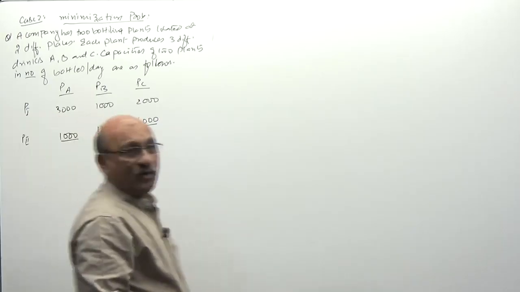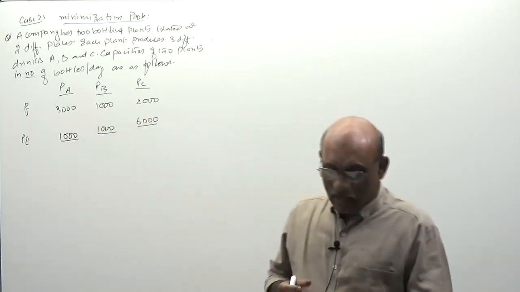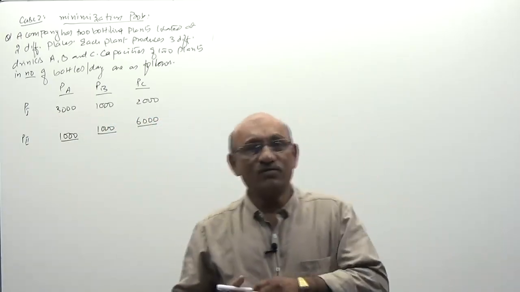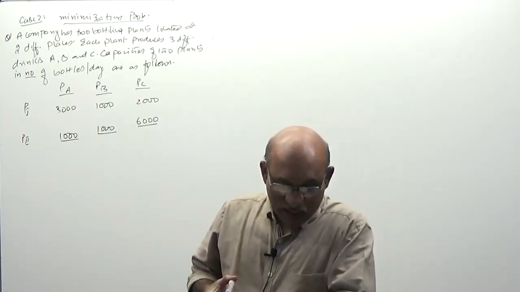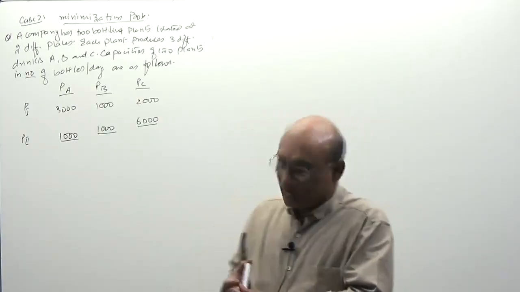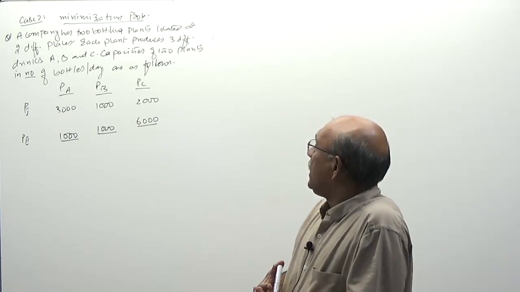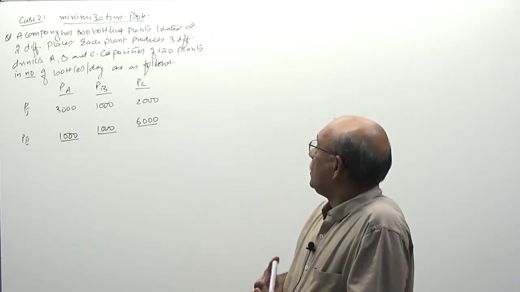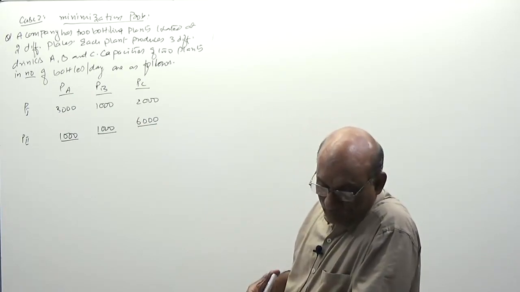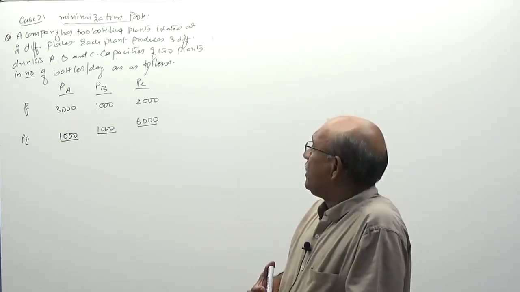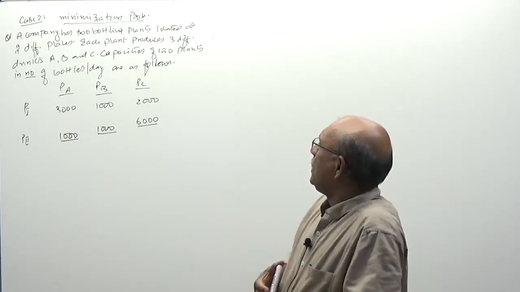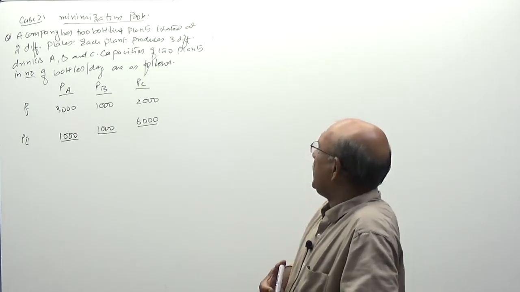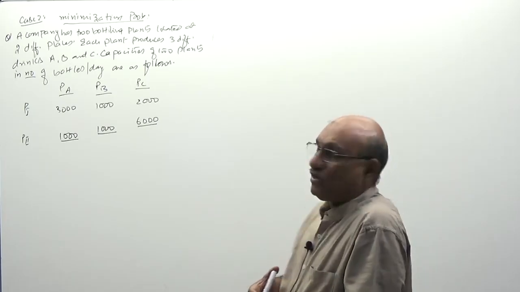What is given in the question? A company has two bottling plants which are located at two different places. Each plant produces three different drinks, A, B and C. Capacities of two plants in number of bottles per day are as follows.